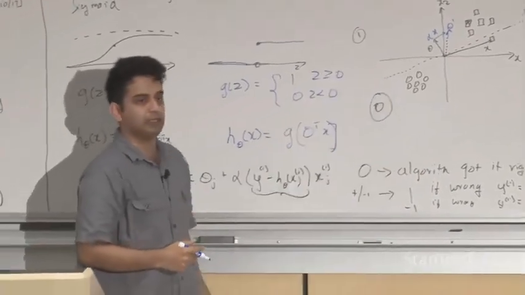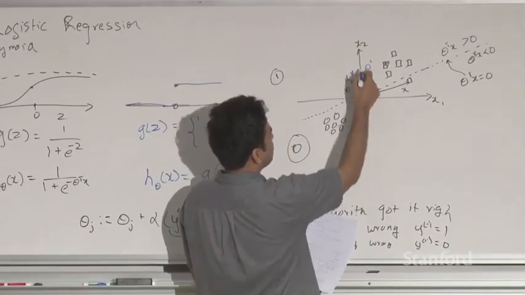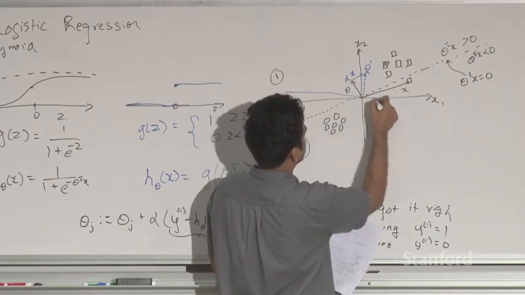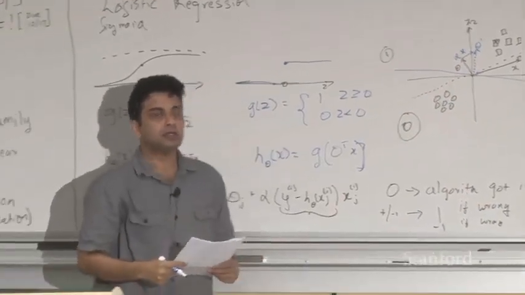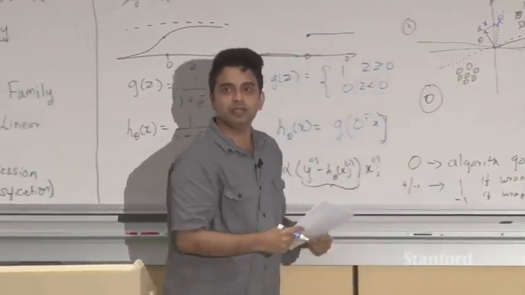That's the updated value, right? And the separating hyperplane corresponding to this is something that is normal to it, right? So it updated the decision boundary such that x is now included in the positive class, right?